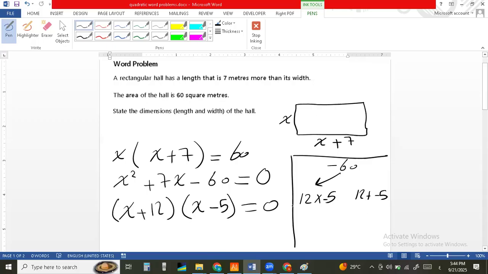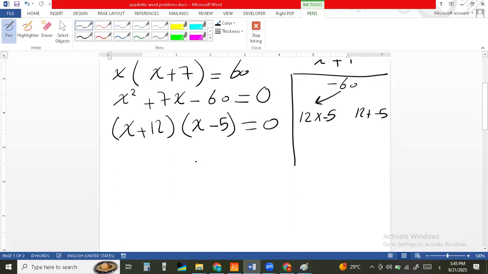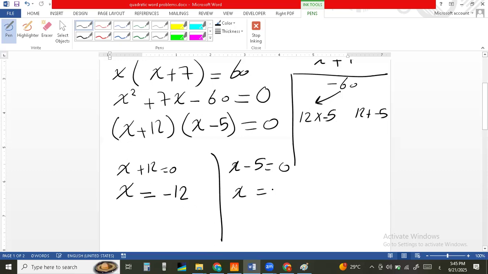Good. Let's now solve the equation. I got here x plus 12 equals 0, and here x minus 5 equals 0. So here x is equal to negative 12, and here x is equal to positive 5.